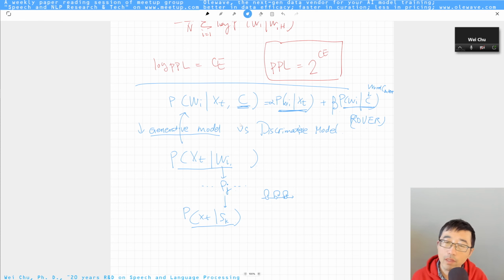And the good thing is that, suppose you're using HMM, because you use a generative model, it tries to model the underlying phonemic duration or the state duration of a phone in a mathematical way. You build a model for that.